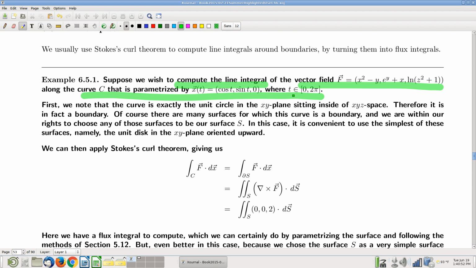You could always attempt the chapter 5 line integral: take this vector field and parameterize my curve. Hey, here the curve's already parameterized, so we're partway there already. It's almost like the statement of the question is suggesting you use the parameterization and chapter 5 brute force, crank it out.